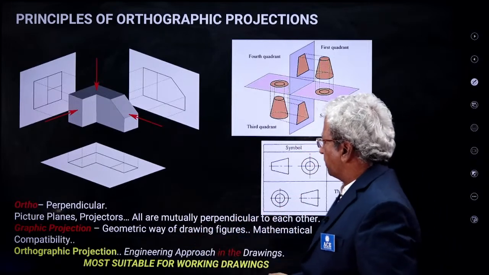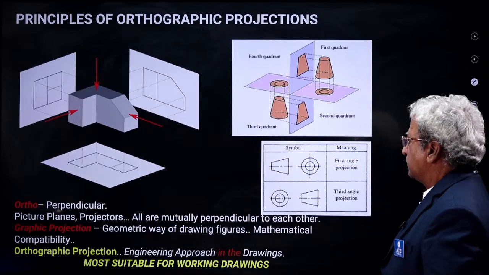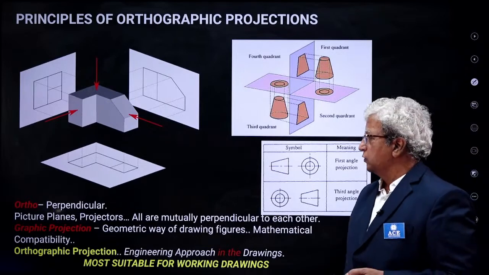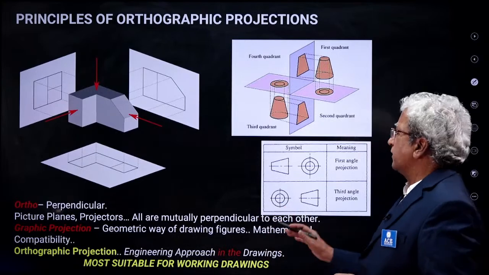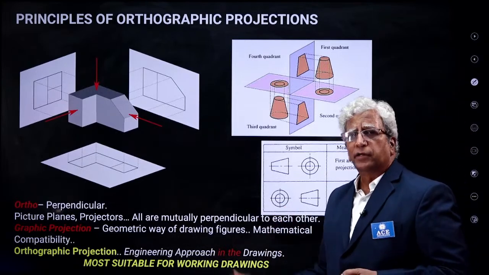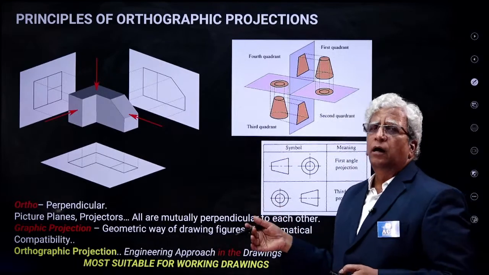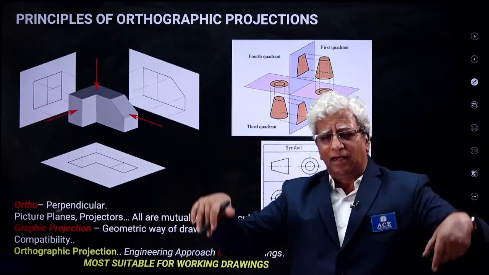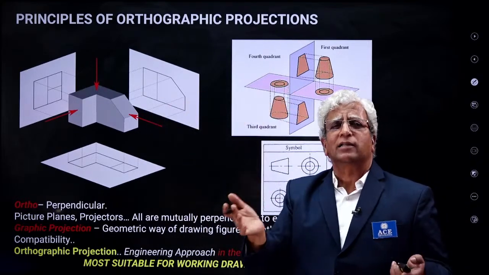It's an engineering approach in the drawing, okay, most suitable for working drawing. So what is the use of orthographic projections? It's the best way to represent the figures, okay, so that in the production or for the building, see, for buildings what we do? We draw the plan and then elevation and the cross section. What are these things?